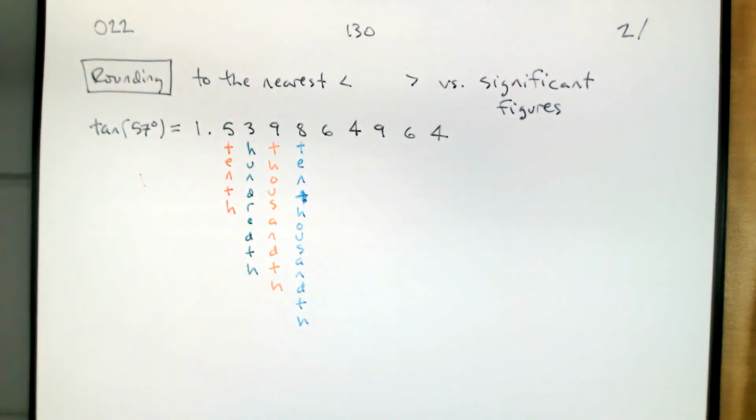So whatever place I want you to round to, that's where you have to stop your number. If I say round to the nearest hundredth, you have to write 2 digits after the decimal point.